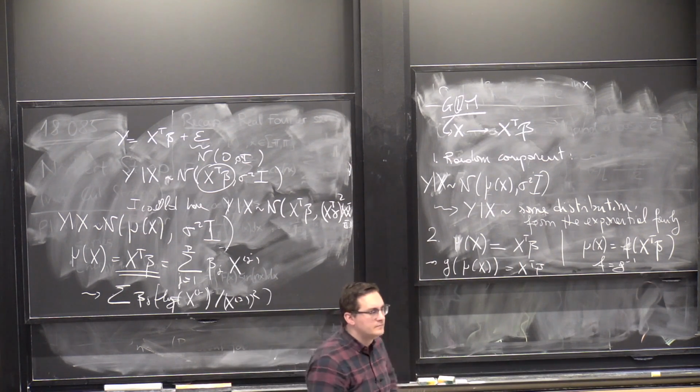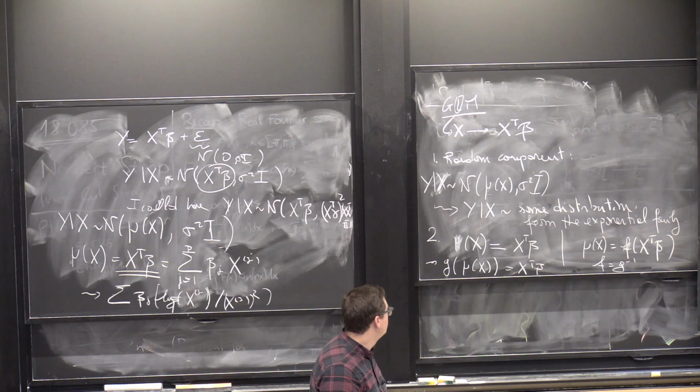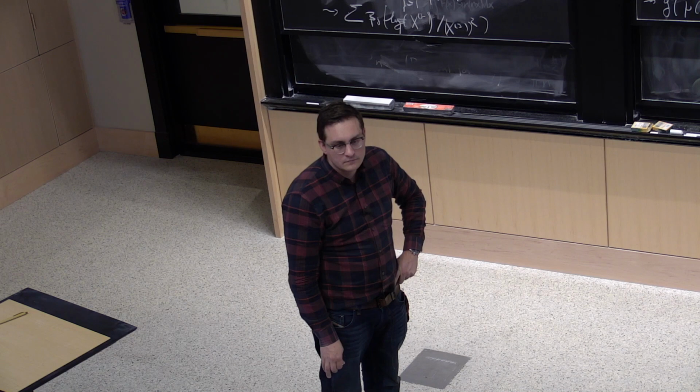Yes? Is this different than just transforming the x's? I mean, what transformation do you want to put on your x's? Like, is this equivalent to just applying some function to each individual x component and then multiplying that by beta to get the mean? Oh, no, certainly not, right?